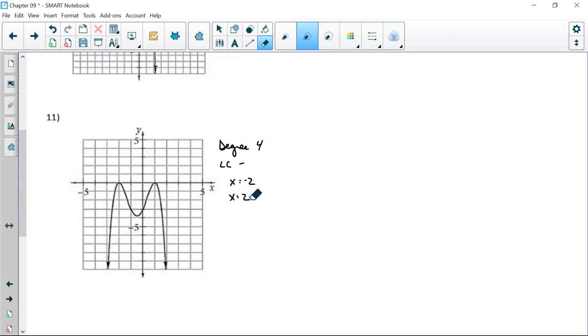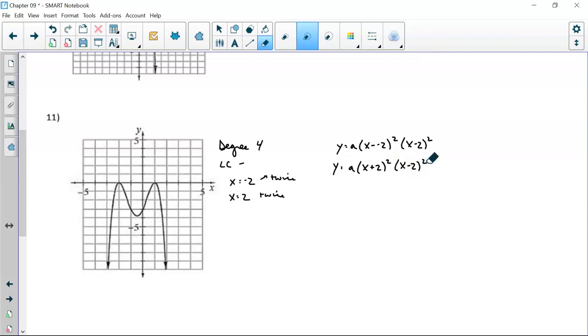But take note that they bounce there. So they're both repeated twice. And that's important to get the correct equation. So y equals a, x minus negative 2 squared, x minus 2 squared. So y equals a times x plus 2 squared, x minus 2 squared.